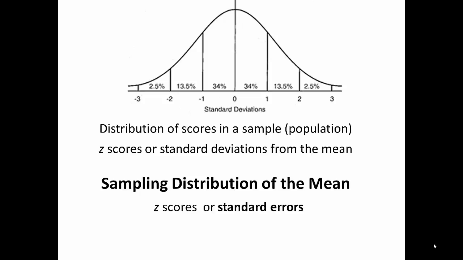We'll come back to that next and take a look at the difference between standard errors and standard deviations, where we get those from, and how we use them in the distribution. So this is not really new material. We're using an underlying distribution curve, but instead of looking at the distribution of scores, we're looking at the distribution of means from an infinite number of possible samples from that population.